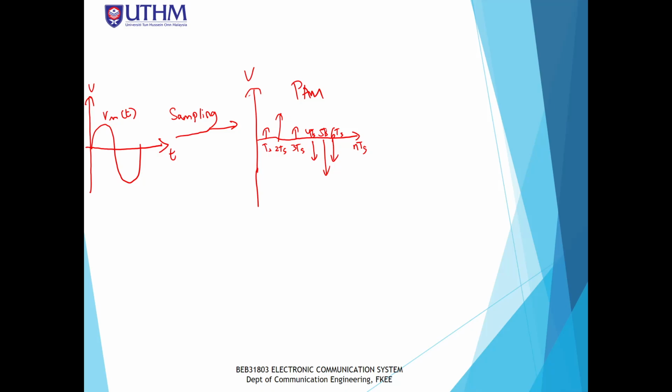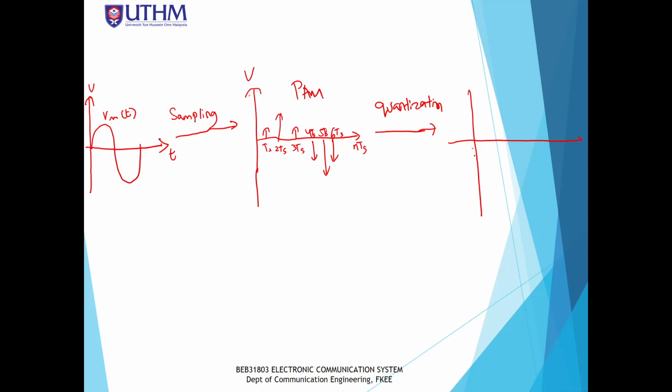So what I need to do is round up the values to the nearest level, to the nearest voltage level. Okay, so I need to do the quantization. So when I do quantization, let's say I have 4 different levels.